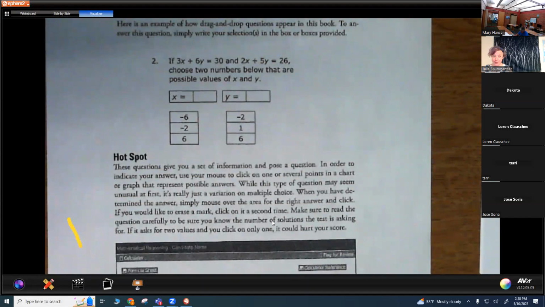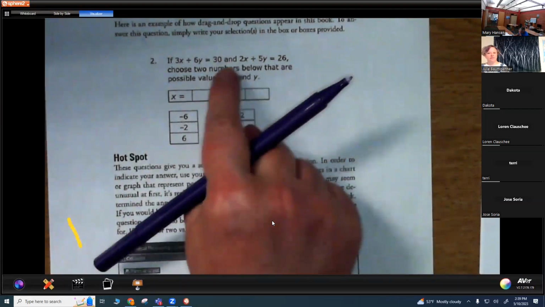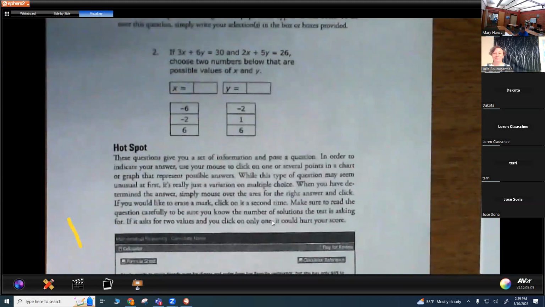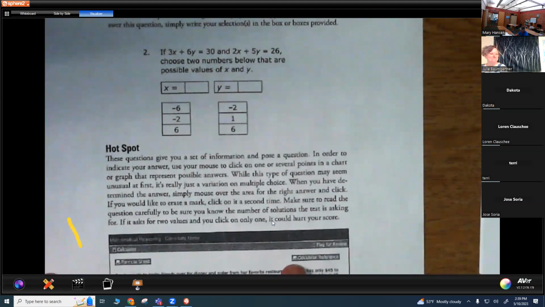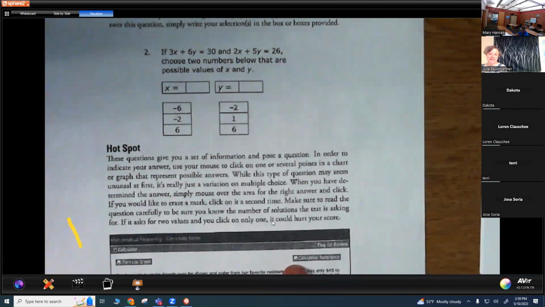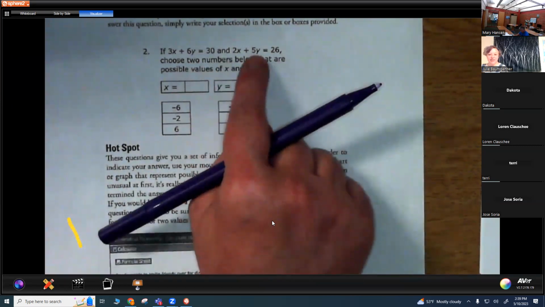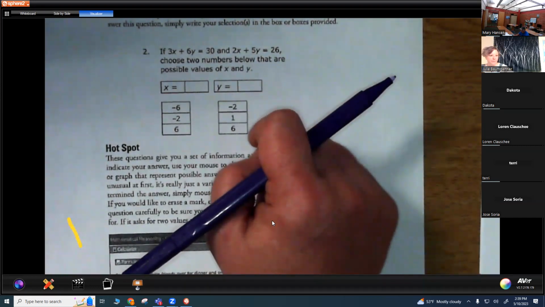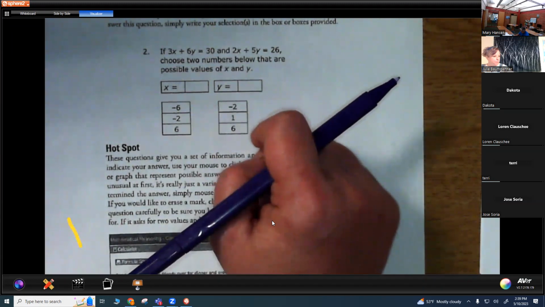Don't worry too much if you don't know how to do it, it's okay. Did you use one of Wendy's methods for this one, Jose? I was trying to decide, it'd be really hard to do elimination. You could probably do substitution, but it's still going to be a process.